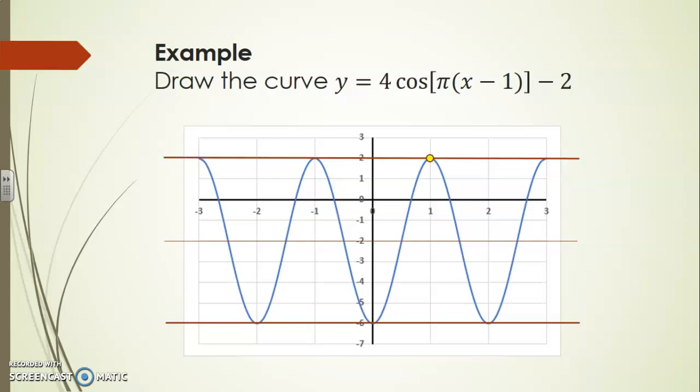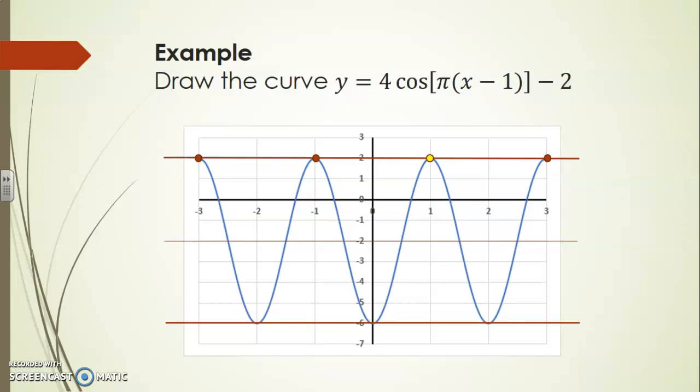The period is 2 pi over b, so in this case b is pi, and 2 pi over pi is 2, which means that everything will repeat every 2 units. So the maximum that we just encountered would repeat every 2 units. Good.